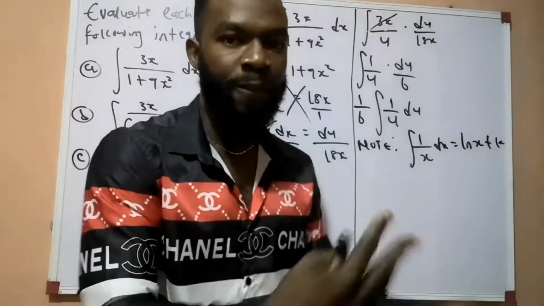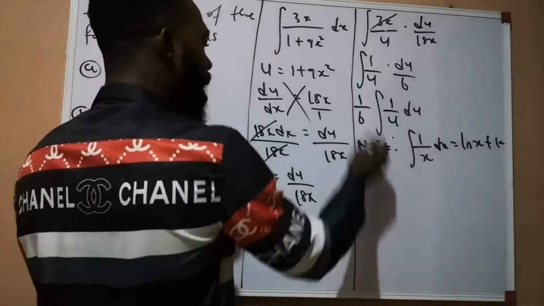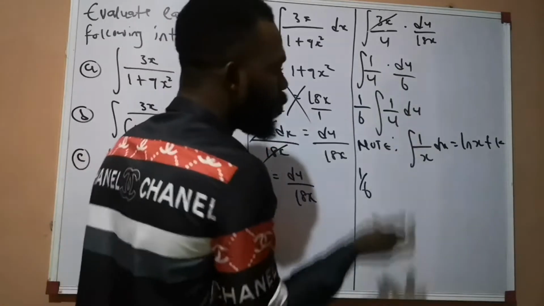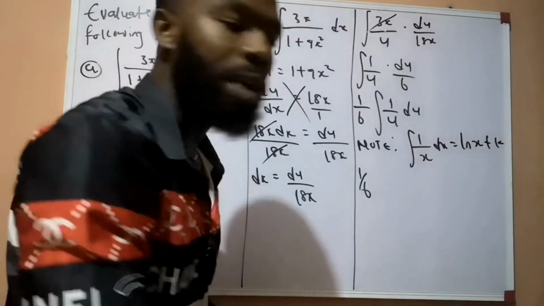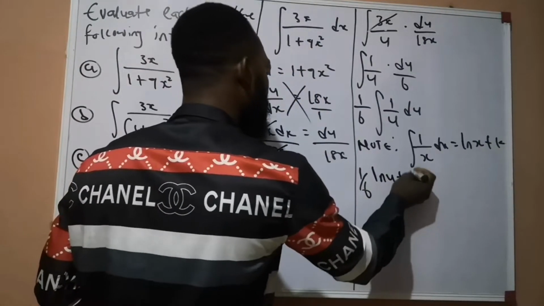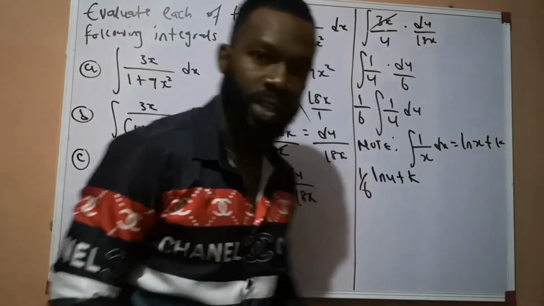Because the question is an indefinite integral, there is no limit. Here it was 1 over x, but now we have 1 over u. So if I integrate 1 over u, what will I get? Ln u plus k. Are you following what I'm doing, following the notes that I just gave?